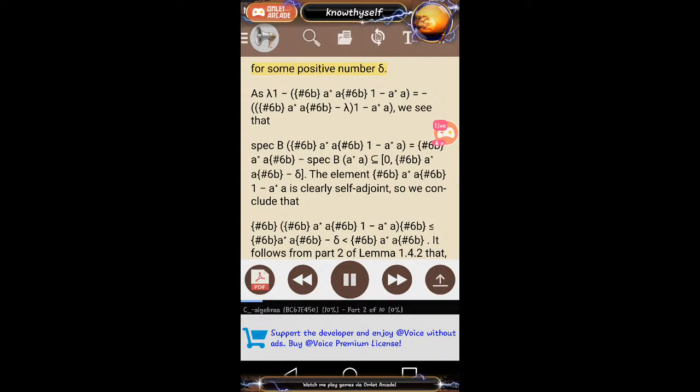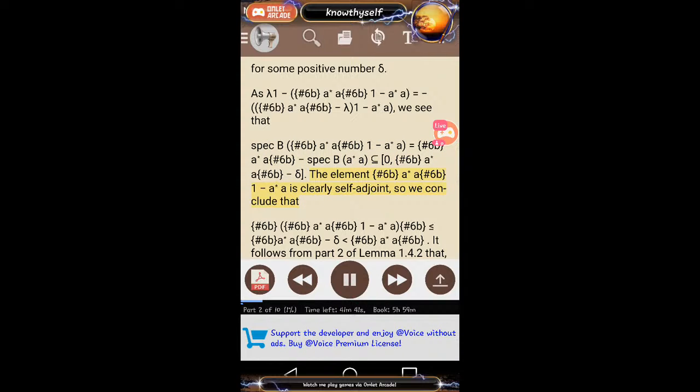For some positive number delta, as λ(1 − A) = −(‖A‖ − λ)(1 − A), we see that spec(‖A‖(1 − A)) = ‖A‖ − spec(A) ⊆ [0, ‖A‖ − δ].